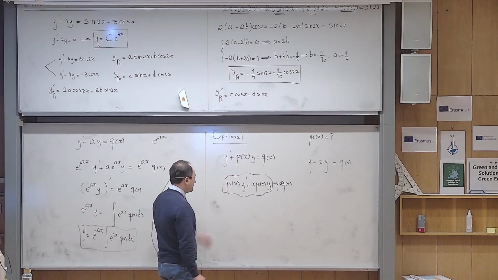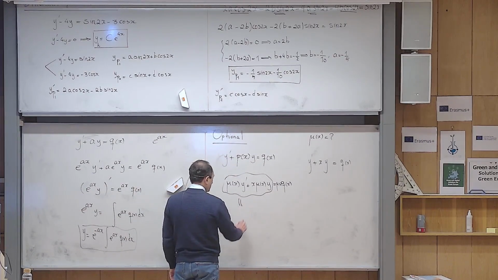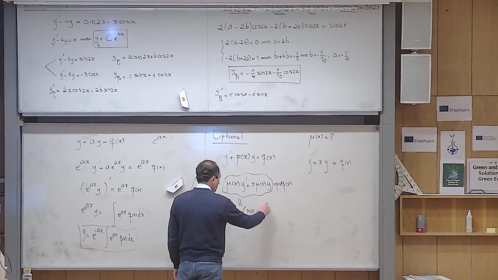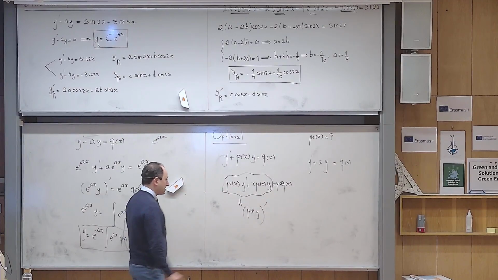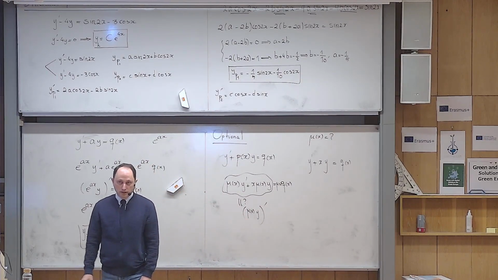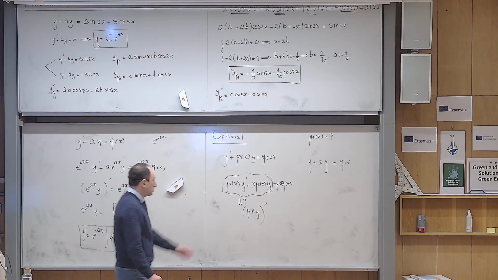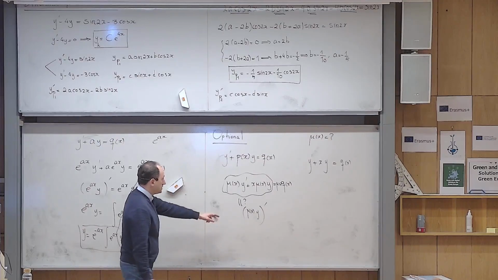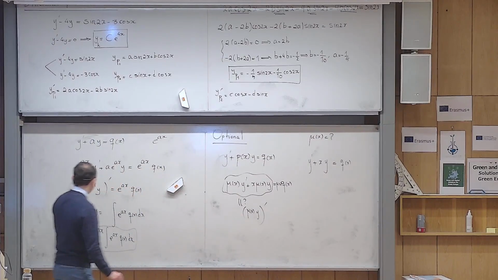So you want to see if it is possible. The first guess is to make it as mu of x y prime. I'm just asking, is it possible? Because if it is possible, then I am done. I don't know if it is possible or not, but the motivation is taken from the simple case.